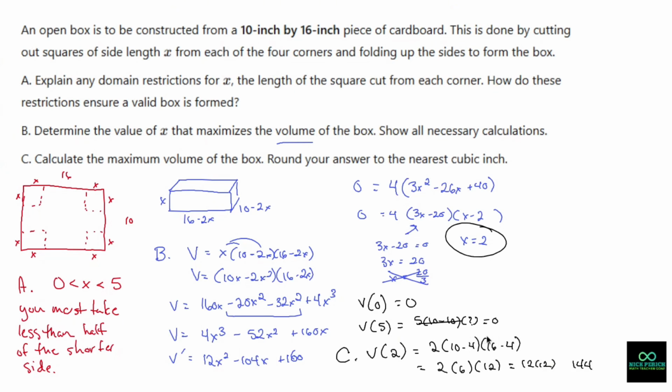So the answer to part C is going to be 144 inches cubed. All right, so x is 2 inches for B. That's the value that maximizes it. And the maximum volume that we're going to get is 144 inches cubed.